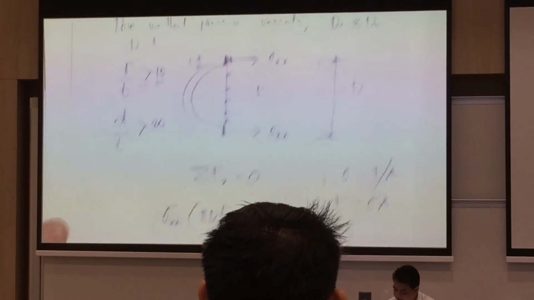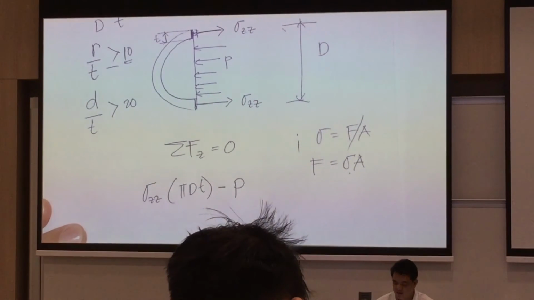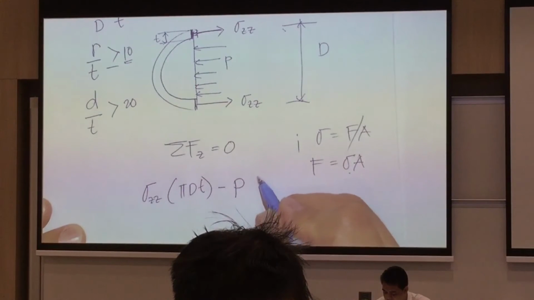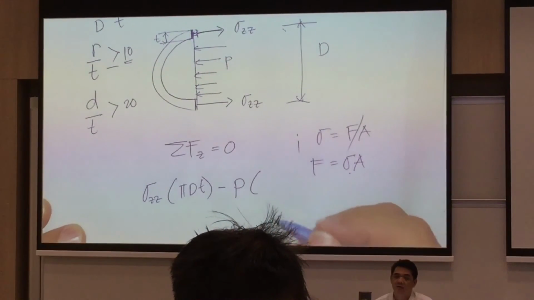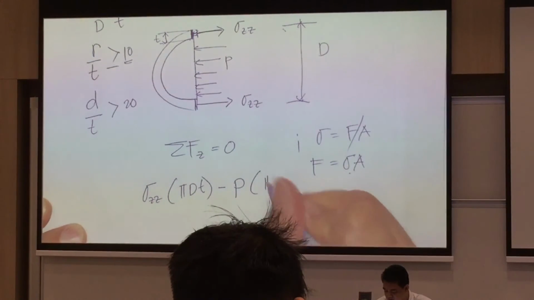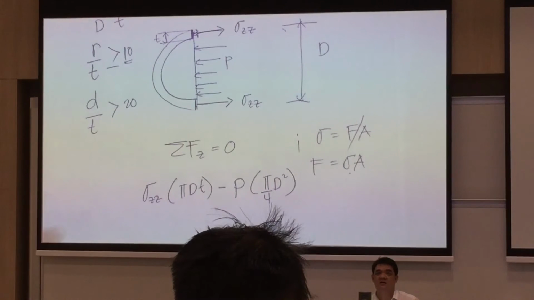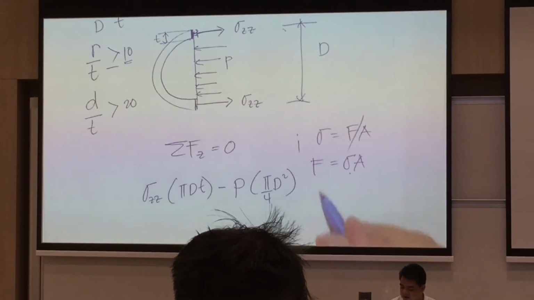So that we have this one to be minus the pressure P multiplied by the area, which is pi over 4 d squared. Right? And of course this is equal to 0.